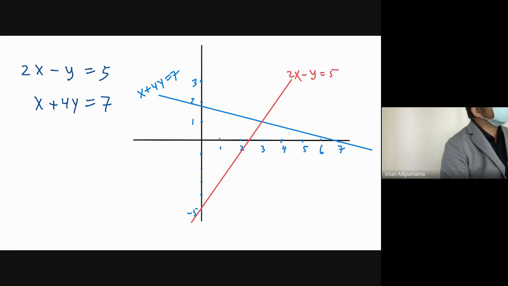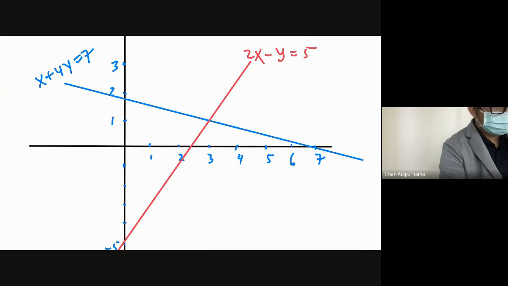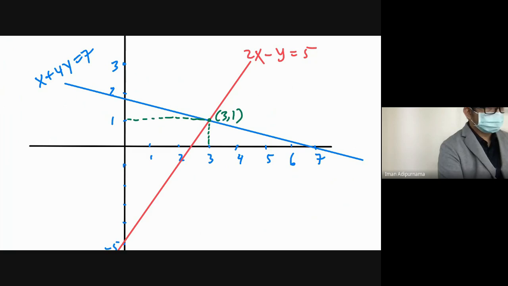Okay, now to introduce you to our linear equations, first look at the intersection. This intersection here is probably 3, 1.